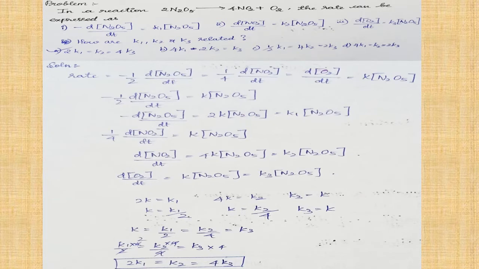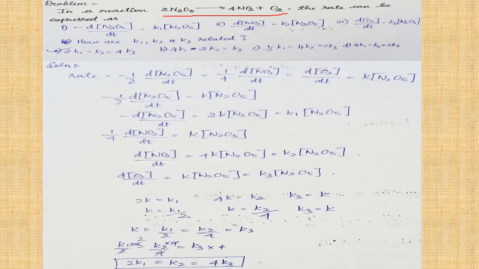See, I have a simple problem regarding the rate, and the question is, in a reaction 2N2O5 to give 4NO2 plus O2, the rate can be expressed as, this is the reaction, and the rates are given as minus dN2O5 by dt is equal to K1 N2O5, dNO2 by dt is equal to K2 N2O5, and dO2 by dt is equal to K3 N2O5.